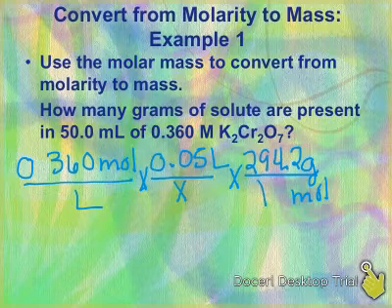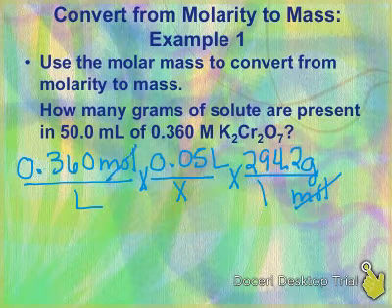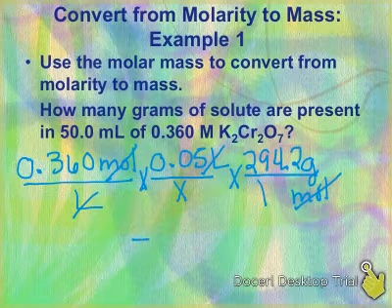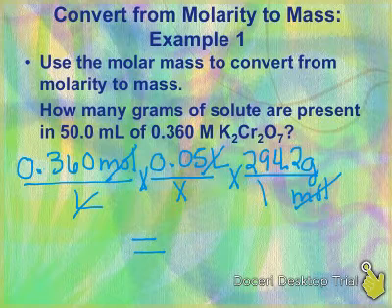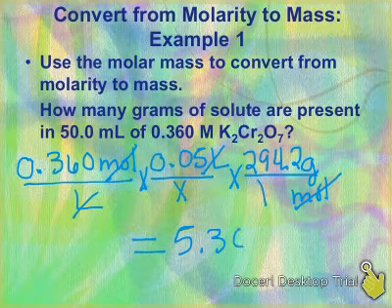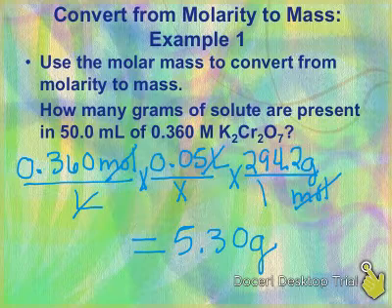So if you do 0.36 times 0.05 times 294.2, everything should cancel except for our grams, and you should get an answer of 5.30 grams. So to make this type of solution, we would have to measure out 5.30 grams, dilute it with water, and we're going to get this molarity of the solution.